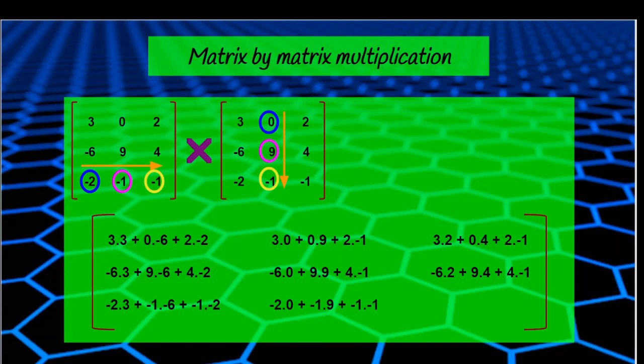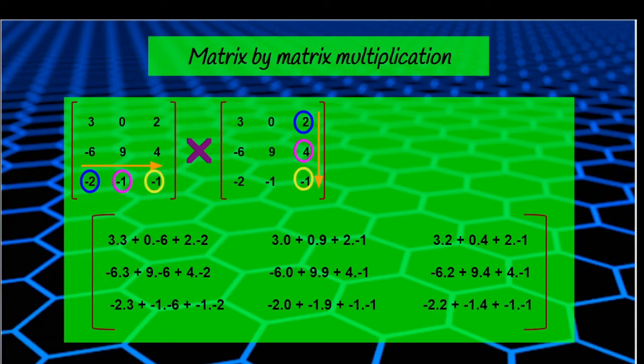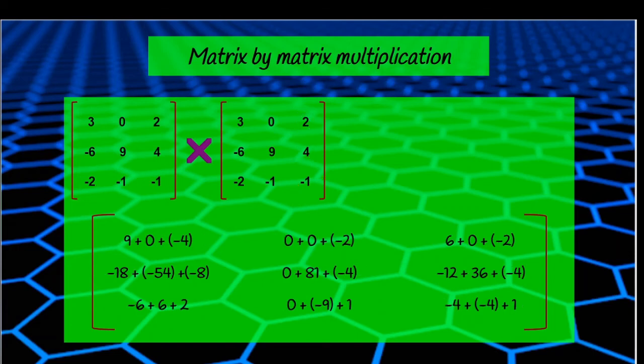Then we move to the third column of the multiplicand, but stay on the third row of the multiplier. We multiply their first values, multiply their second values, multiply their third values, and add them up to place here. At this point, we can multiply all values where necessary to obtain this.